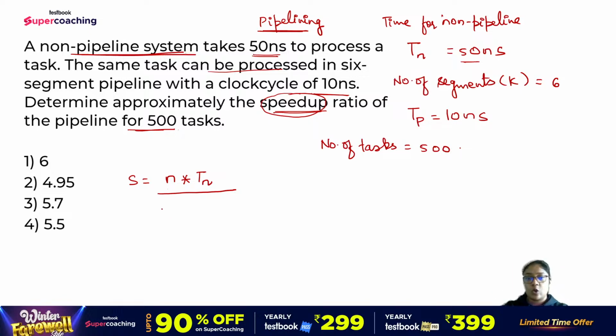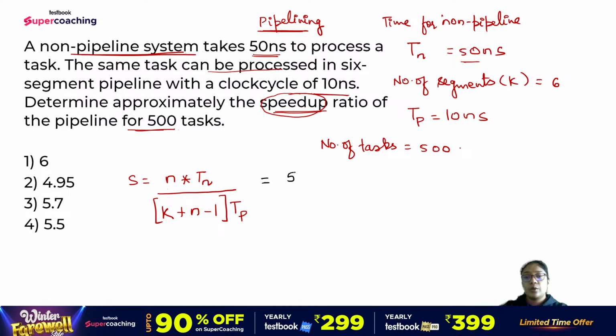That means after k clock cycles the first output will be available. If pipelining is implemented successfully, then in every consecutive clock you will get an output. So for the first instruction k clock cycles are needed, and the remaining instructions are n minus 1. For the remaining n minus 1 instructions it is taking 1 clock each, times Tp. Everything is given to you. You just need to substitute the values and perform the calculation.